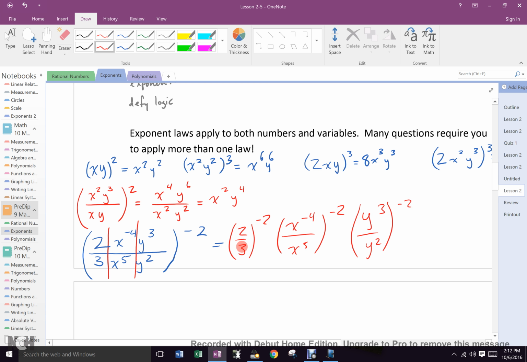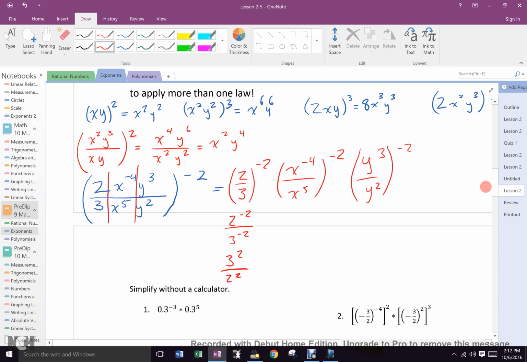With 2/3, everywhere. So I'm going to have 2 to the negative 2 over 3 to the negative 2, correct? Are negatives allowed? No. So that becomes 3 to the positive 2 over 2 to the positive 2, which becomes 9 over 4. Is everyone cool there?